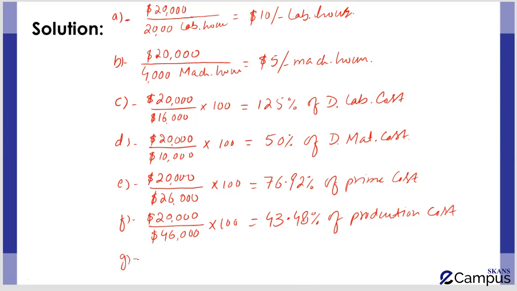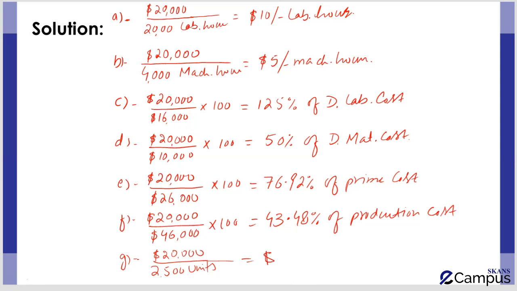G, the last one, demands OAR on a production unit basis. It means production overheads divided by production units, which are 2,500 units. So here the base is units, so no need to multiply by 100.